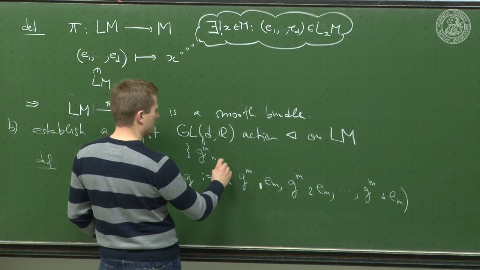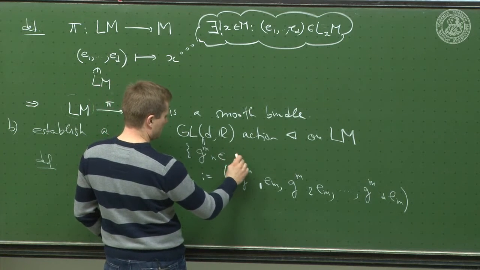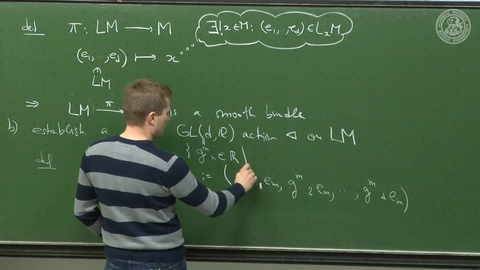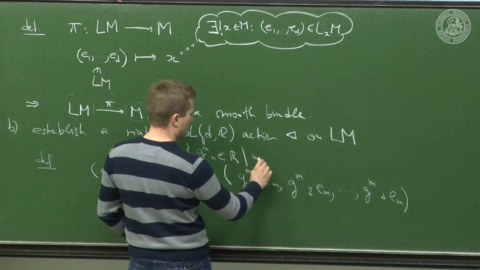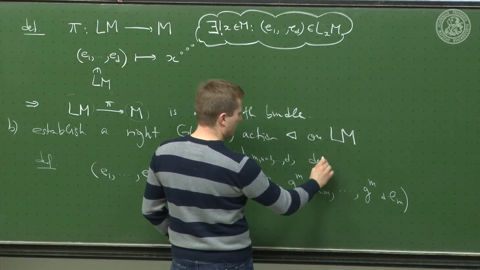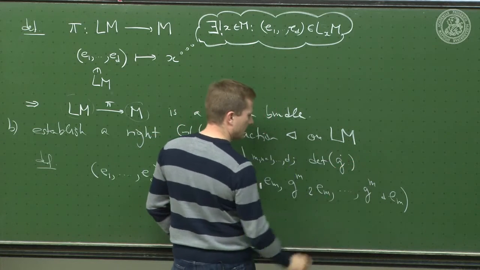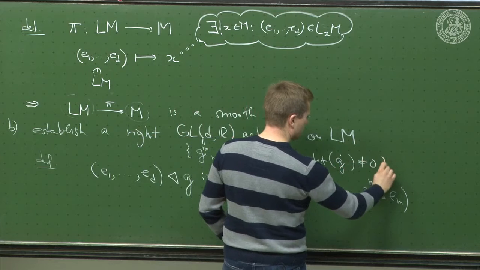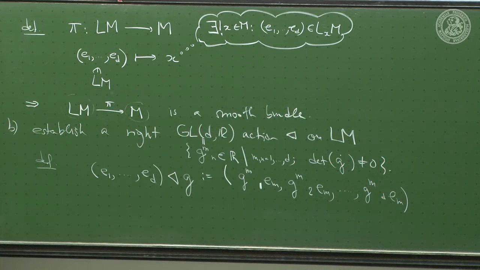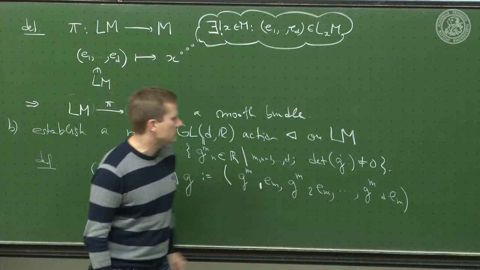So the g^m_n are all the g^m_n where these entries are in R, m and n run from 1 to D, and the determinant of this g, index up, index down, is non-zero. Well, that's our definition of GLD(R), and we let it act on this frame in this fashion.